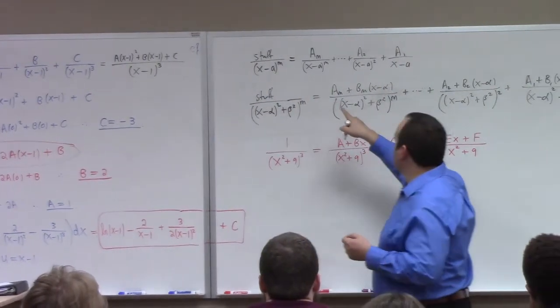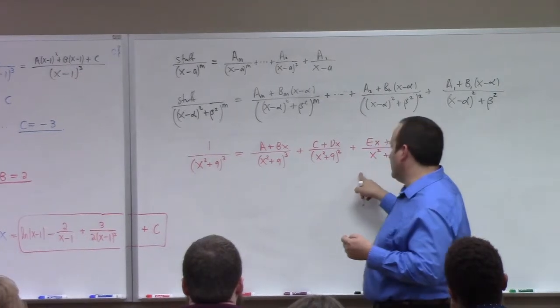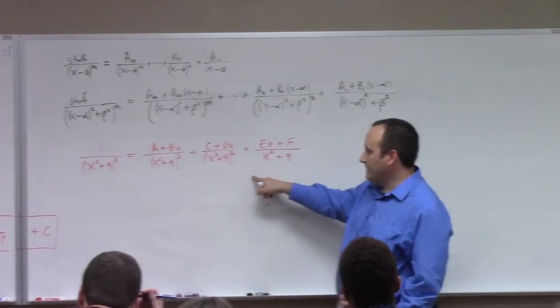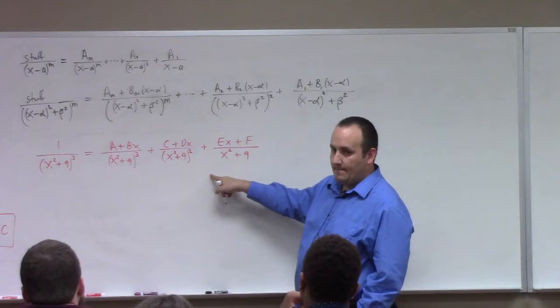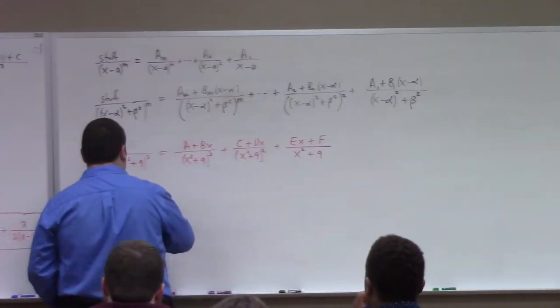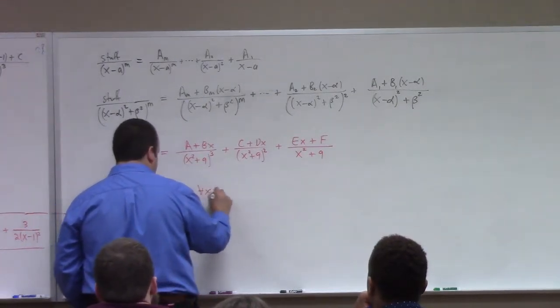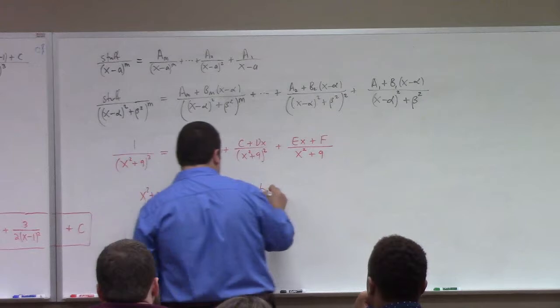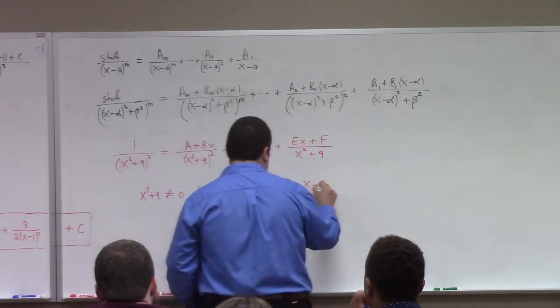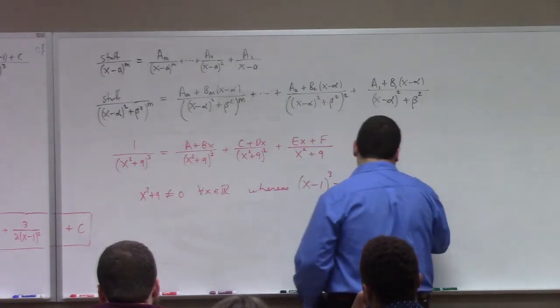Also in your example with the red marker, you got a plus bx there, and then the example before you just have a plus b plus c. Right. The difference is that x squared plus 9 is not equal to 0 for all x in the reals, whereas x minus 1 cubed is equal to 0 for x equals 1.